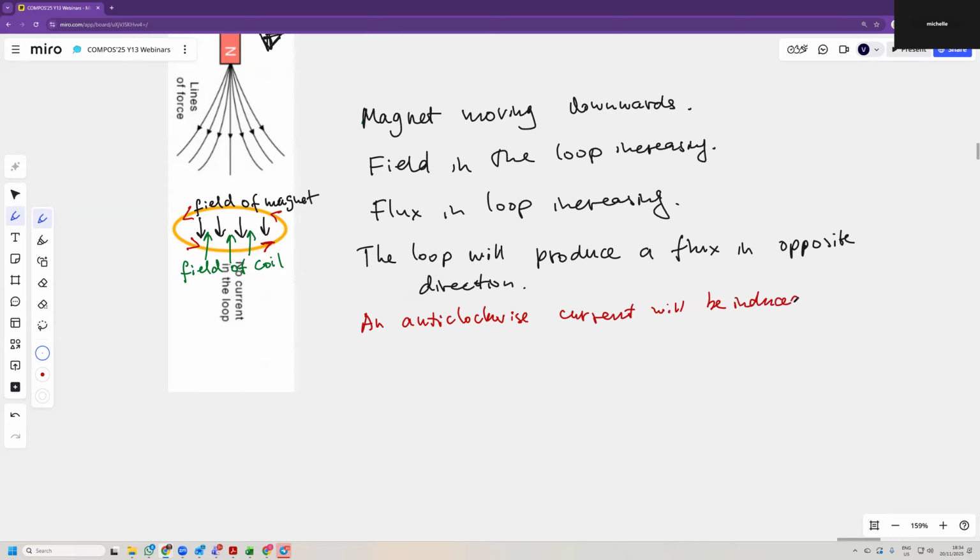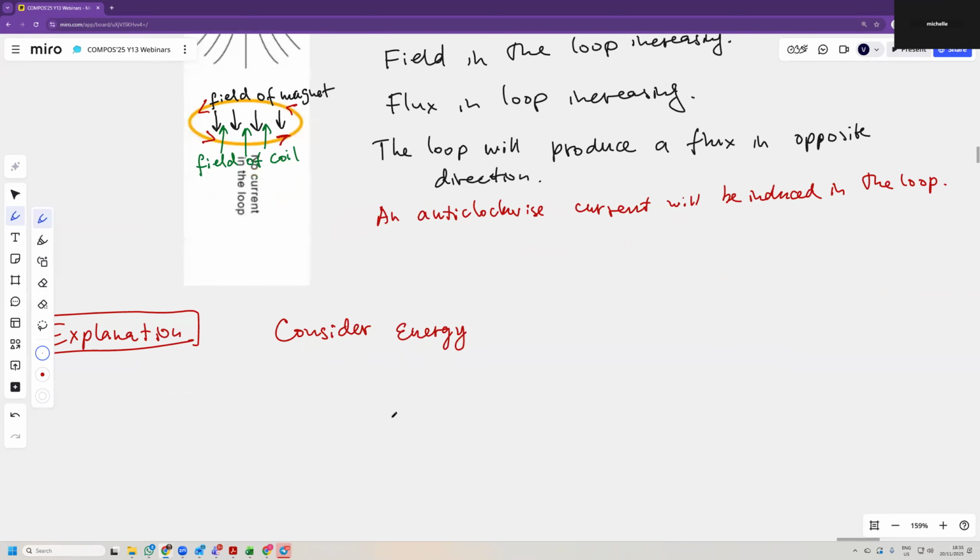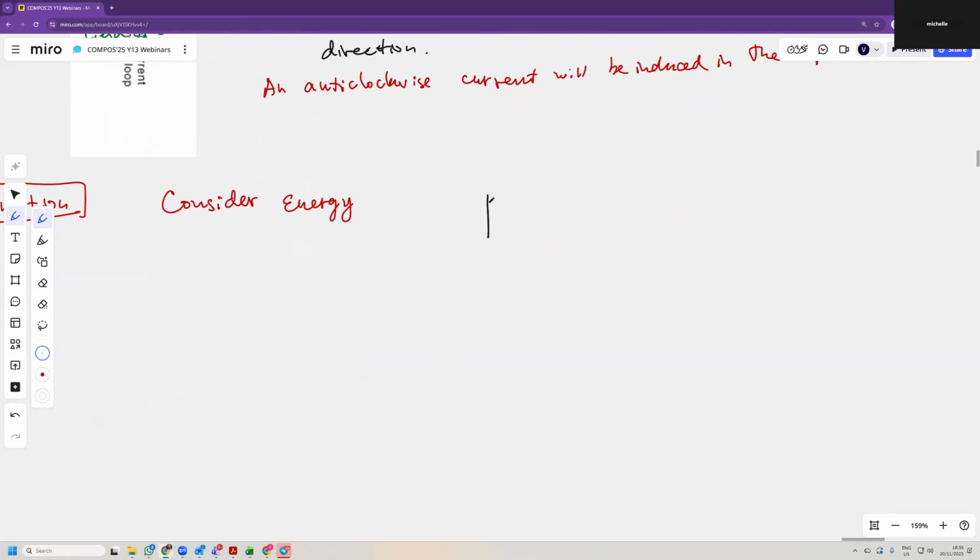Explanation. There are many different explanations. I'm going to use the energy consideration. Now, the magnet falls through the loop, and a current is induced. Consider energy. So as the magnet falls, gravitational potential energy turns to kinetic energy.